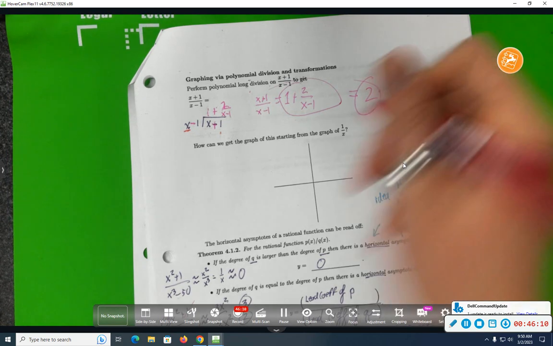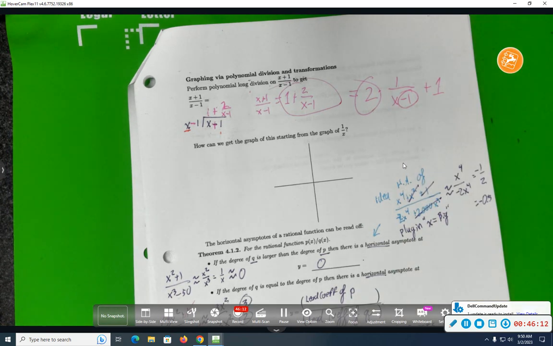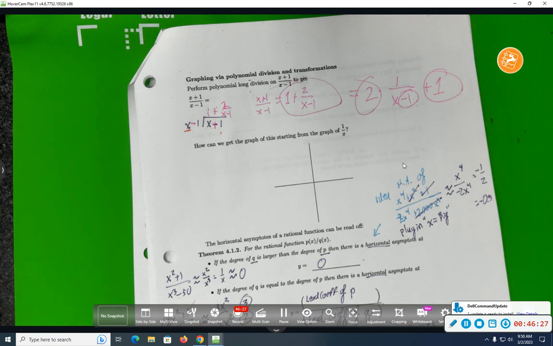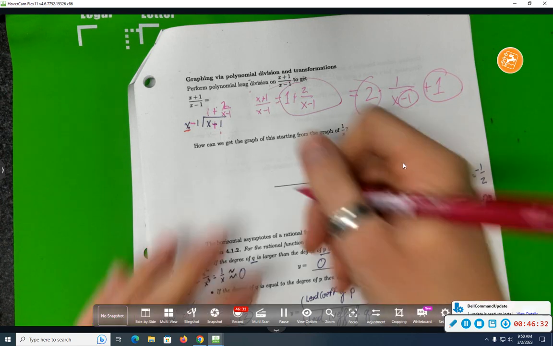Then what does that minus 1 do? Goes to the right by 1. It's done to the x, so it does the opposite of what you think. And then what will that plus 1 do? Up by 1. So this will look like the graph of 1 over x. Then you stretch it vertically, and then you go right 1, up 1.